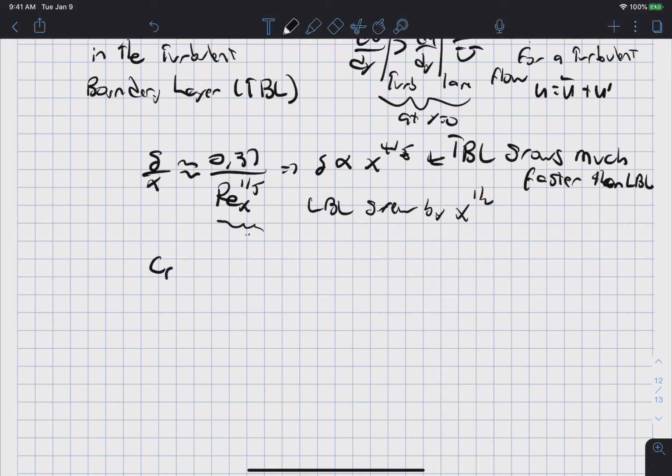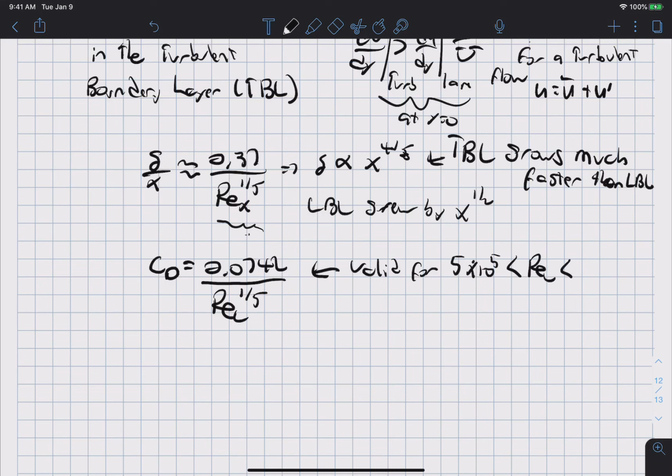And so here the drag coefficient equals 0.0742 over Re_L to the 1/5 power. And this relation is valid for 5 times 10 to the 5th less than Re_L less than 10 to the 7th.